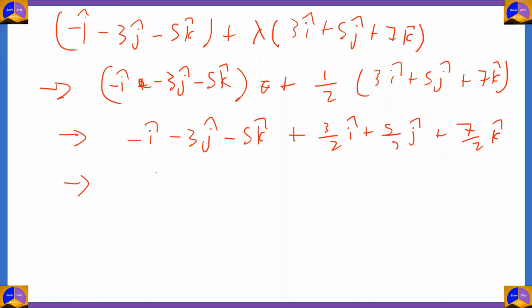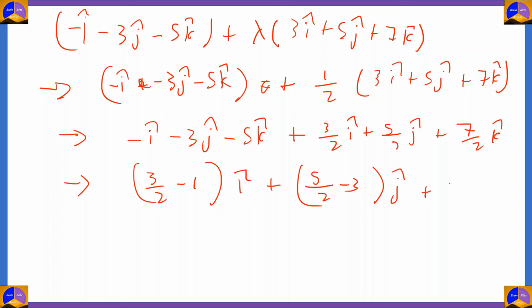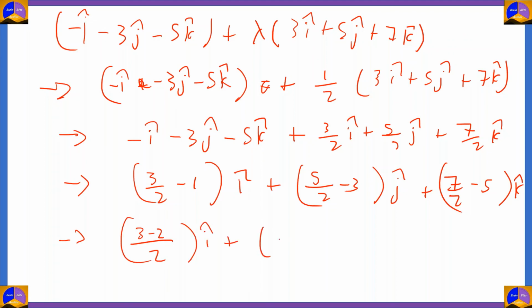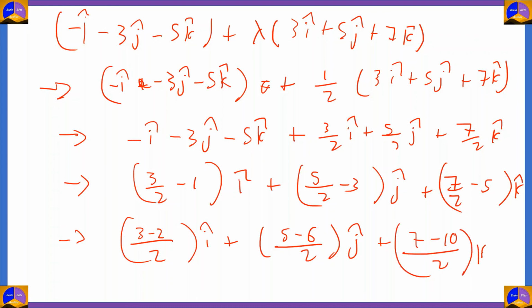Now let's calculate. So it'll be 3 by 2 minus 1 i plus 5 by 2 minus 3 j plus 7 by 2 minus 5 k. So that will be 3 minus 2 by 2 i, plus 5 minus 6 by 2 j, plus 7 minus 10 by 2 k.